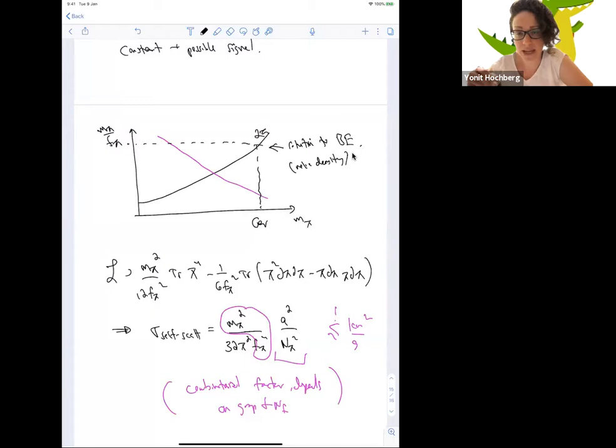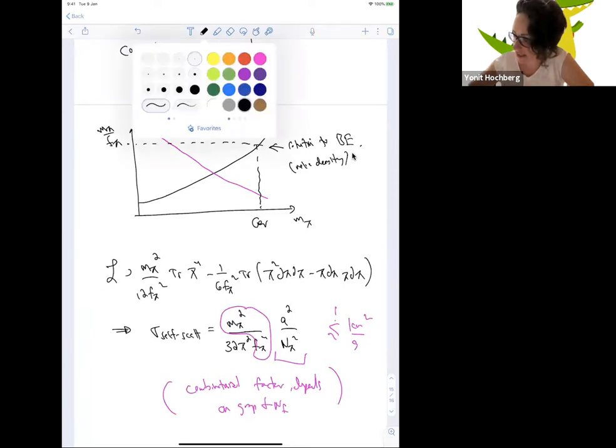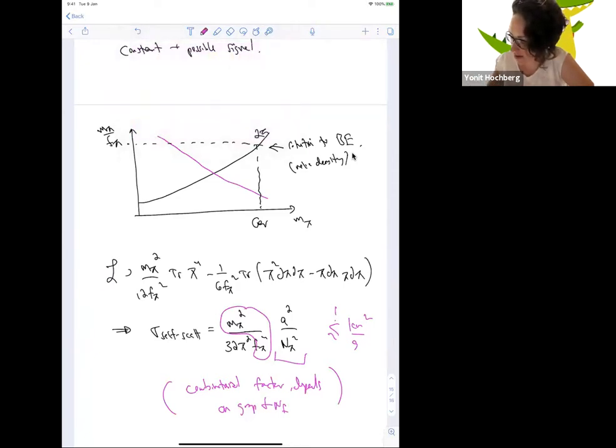And from the same side, once I require my sigma, my cross section, which I've drawn here in pink, to be smaller than some value, then that's going to set some other unit. Okay. It's going to tell me that sigma has to be smaller than some number. And so that's going to give me some lower bound on my mass. And this range over here usually points us to order hundreds of MeVs for the dark matter mass.